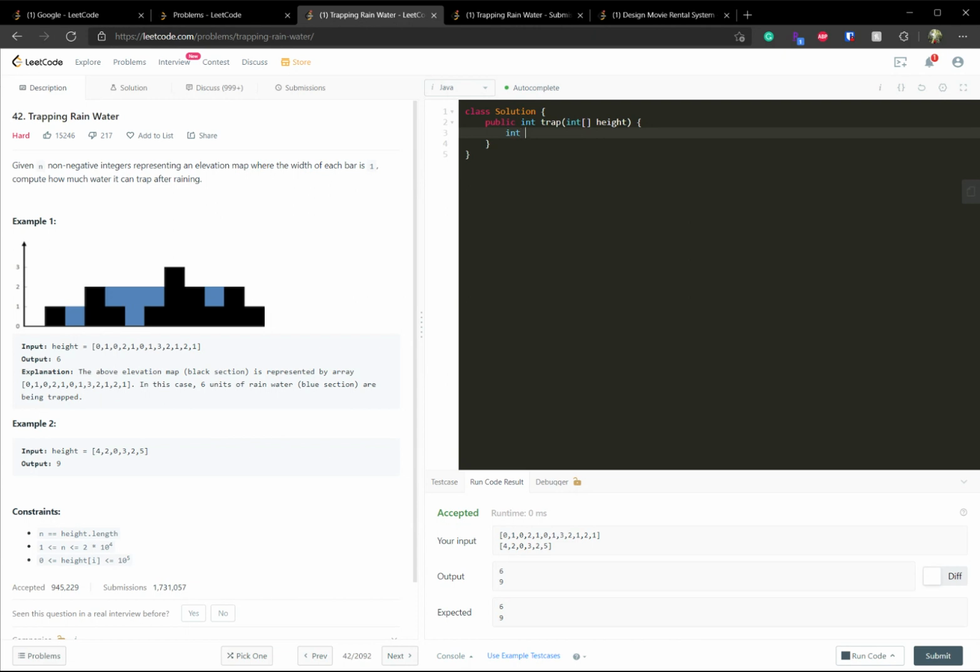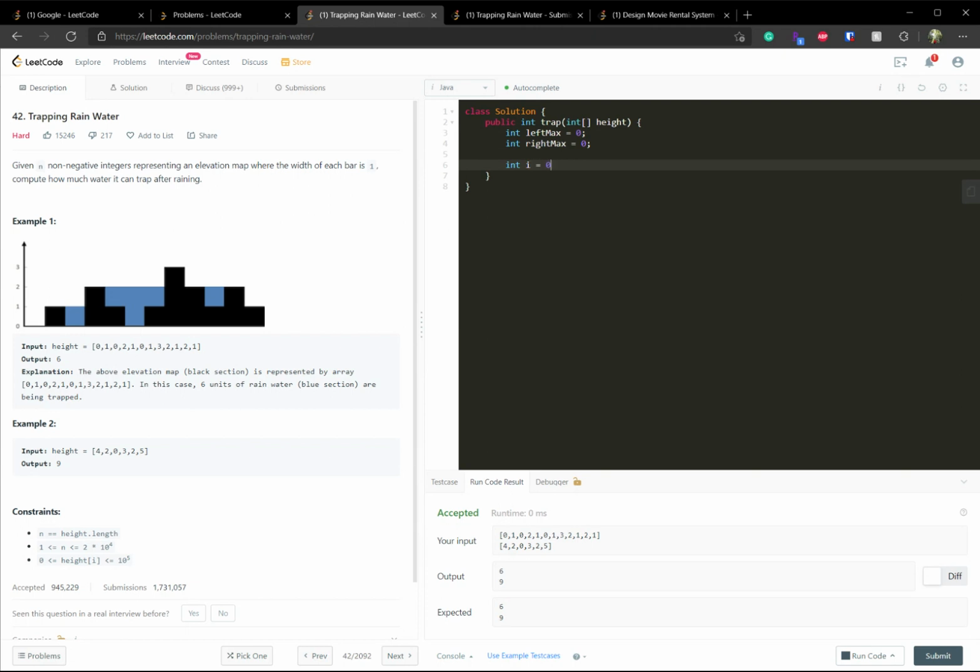So we'll keep track of the maximum number we have seen so far on both left and right. So let's say left max is 0 and right max is also 0. And we'll use two pointers.